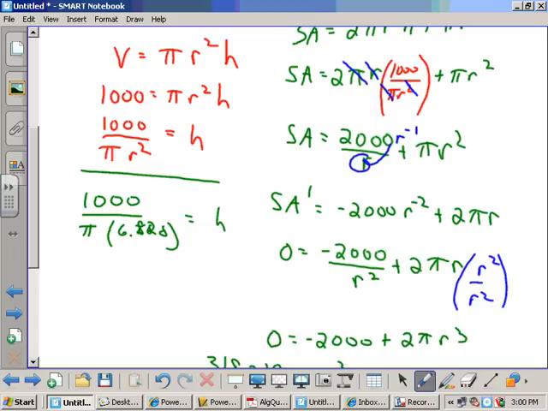So we have 1,000 divided by pi times 6.828 squared. And I have a height of 6.828 as well.